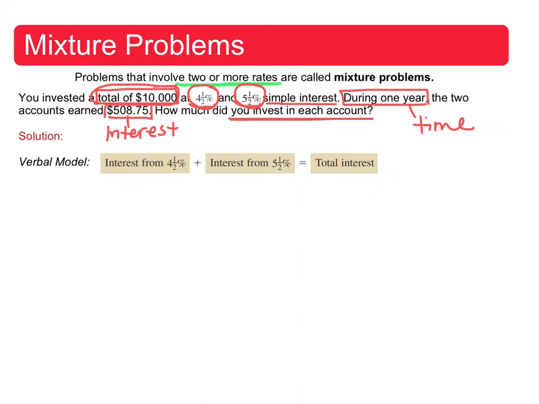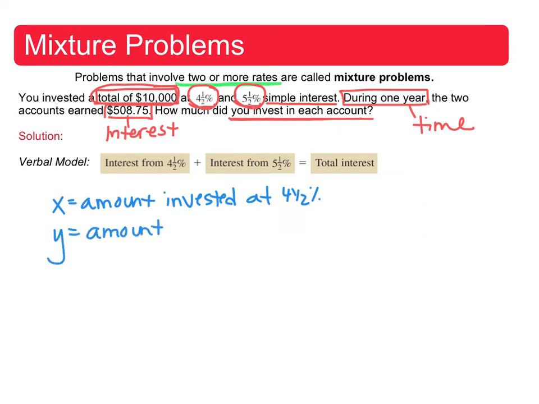So let's say that we use the variable x, and x is going to represent the amount invested at 4.5%. Okay. And then y is going to be the amount invested at 5.5%.